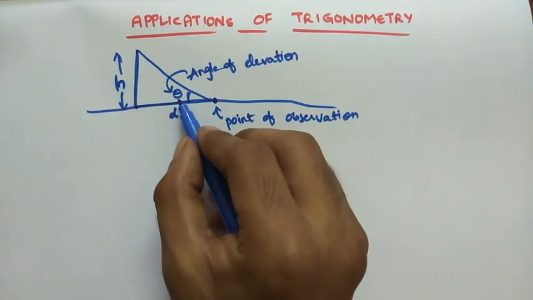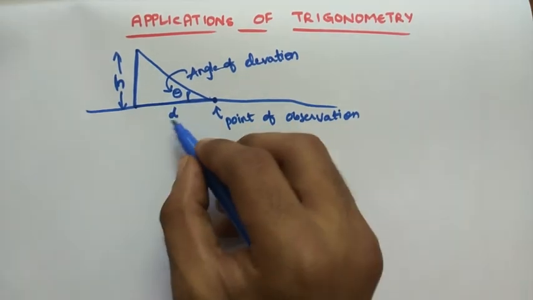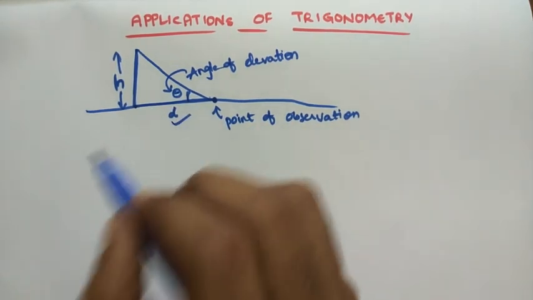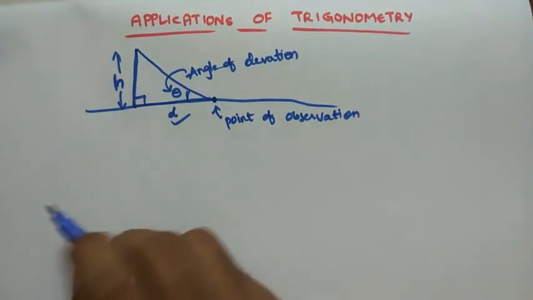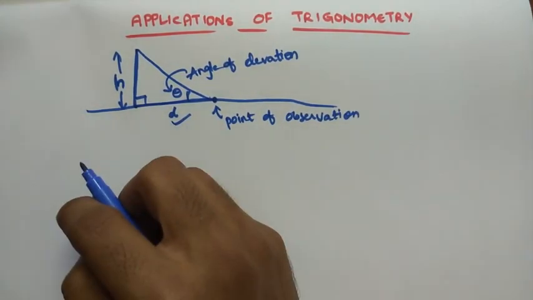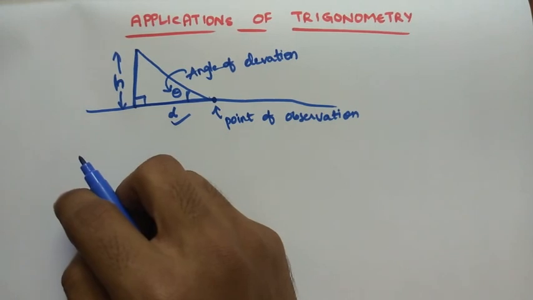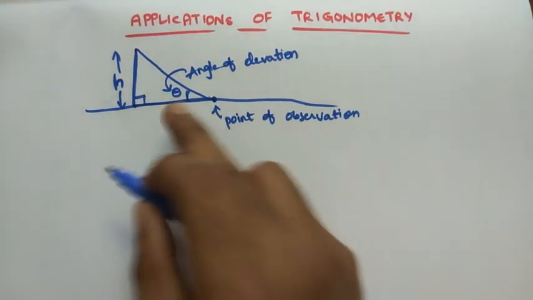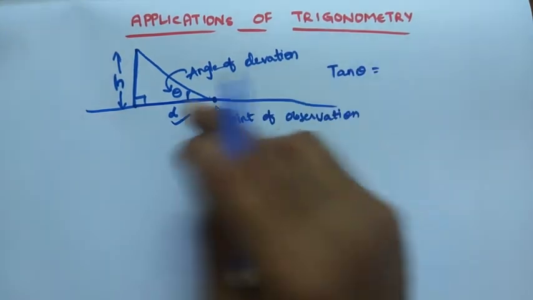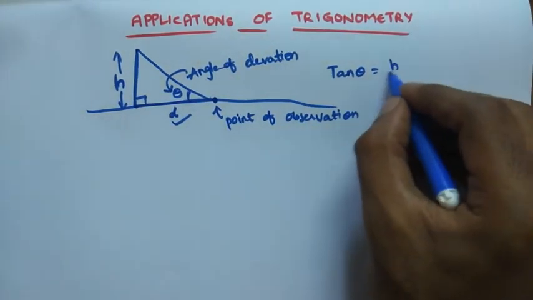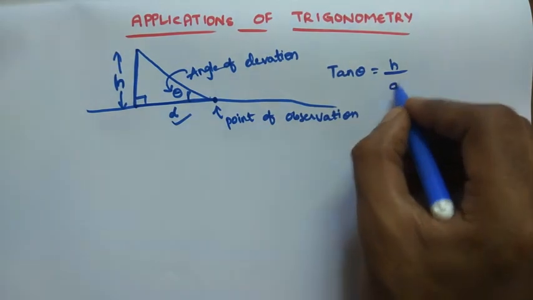Since we can measure this theta and we can measure d, and this is a right angle triangle here, to every right angle triangle we can apply trigonometry. So if you apply tan theta here, tan theta equals opposite side to theta, which is h, by adjacent side to theta, which is d.